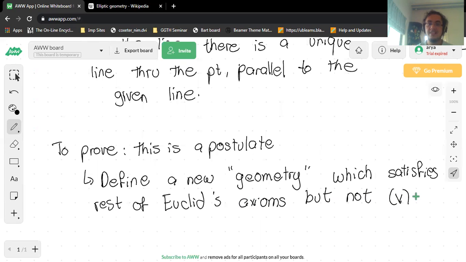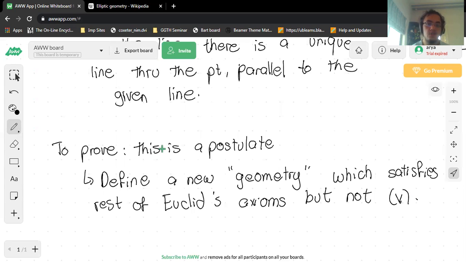Once you do this, it would mean that using just the rest of the postulates, you cannot prove the parallel postulate, because there are at least two different geometries which satisfy all the other axioms, but one satisfies the parallel postulate and one does not. So you really do need the parallel postulate to define Euclidean geometry.